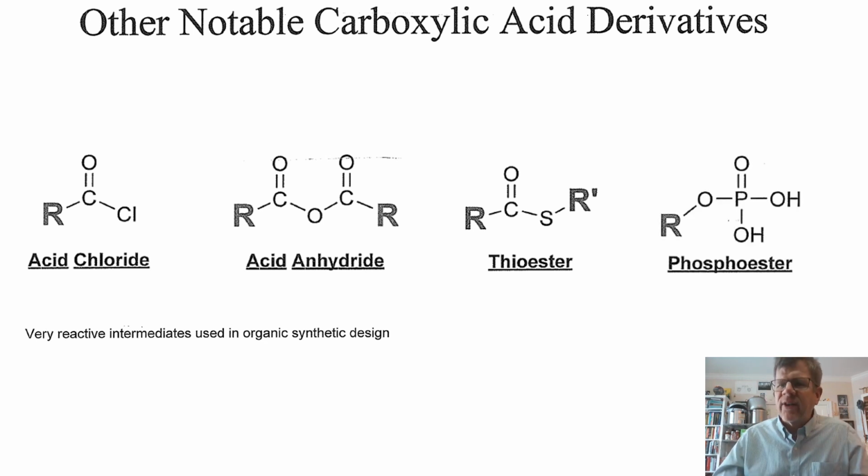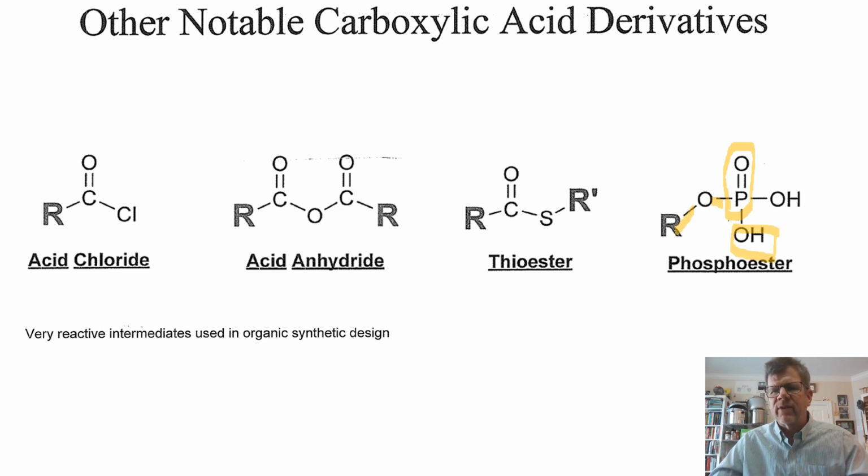Lastly, a phosphoester, much more complex. We're going to be looking in detail at phosphoesters, particularly when we start talking about lipids and fats. But here we have sort of a strange, almost called a phosphocarbonyl, a P double bond O, connected to an oxygen, connected to a hydrocarbon carbon.